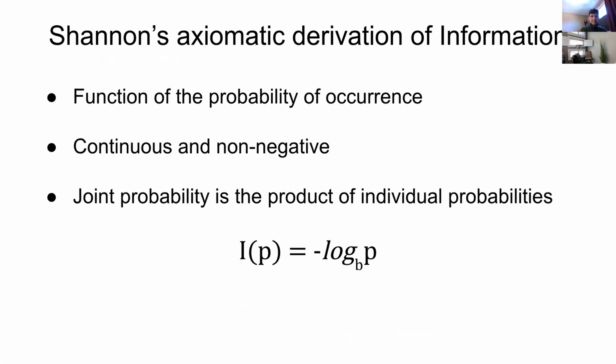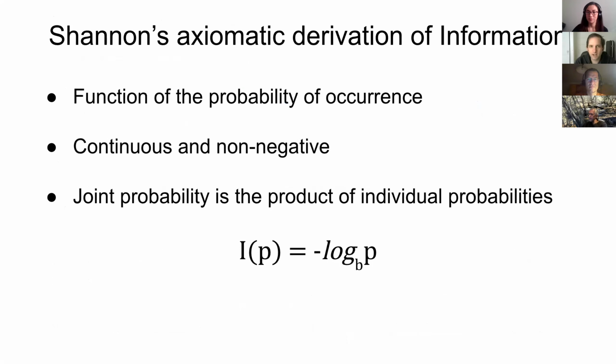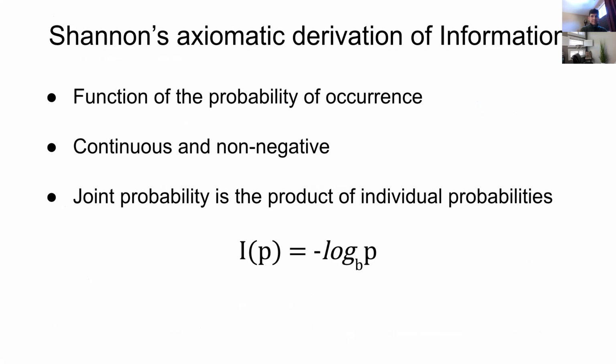So the author starts the paper just introducing Claude Shannon's axiomatic derivation of information theory, which he lays out as axioms, although I'm not really quite sure they would be considered formal axioms.